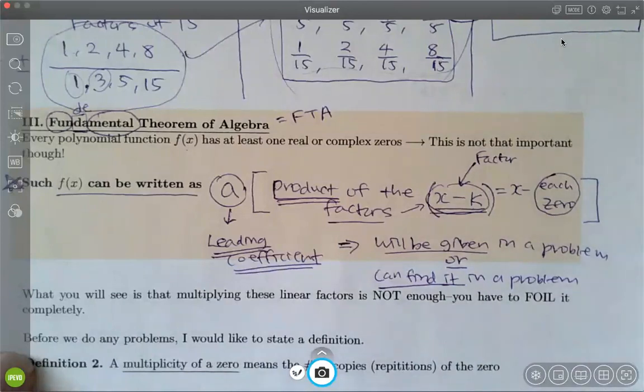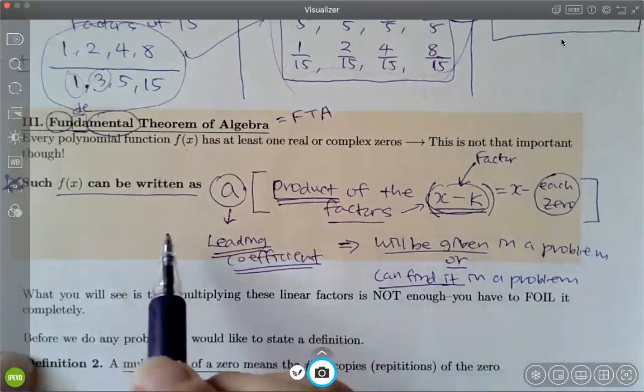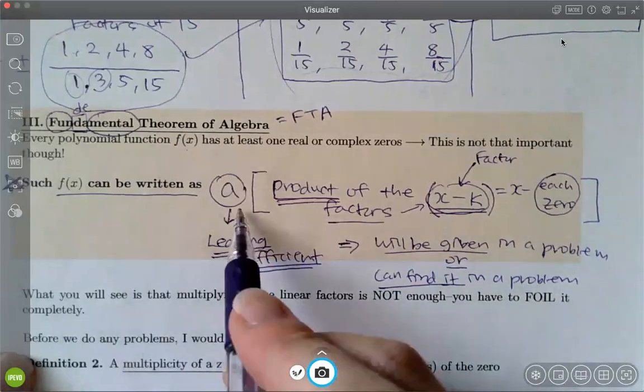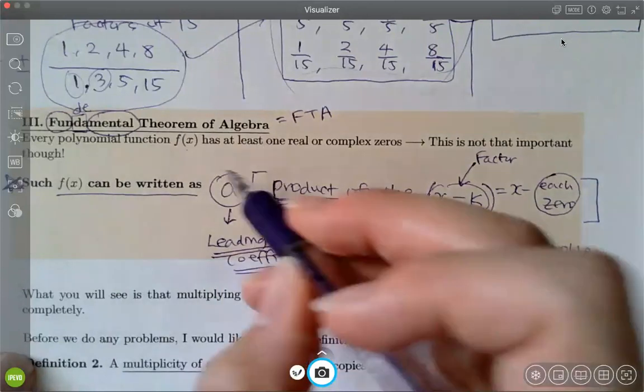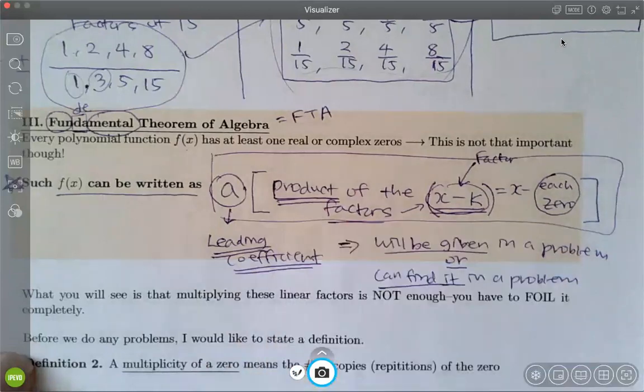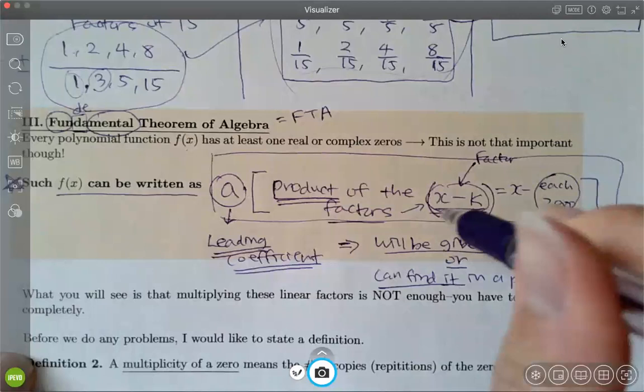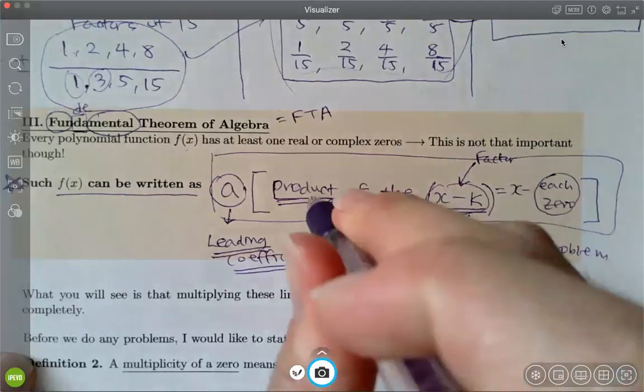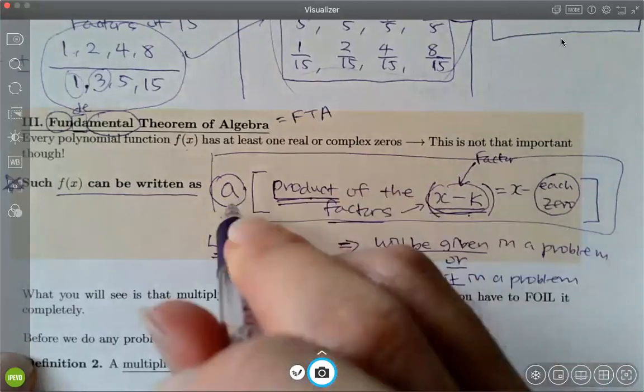So in other words, once again, the FTA states: the leading coefficient times the product of the factors x minus each zero. First you have to find the zeros, and then from there, find the factors, multiply them all together, and then multiply the leading coefficient in front.